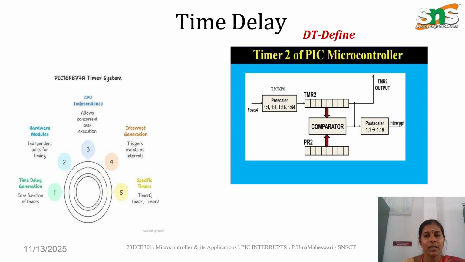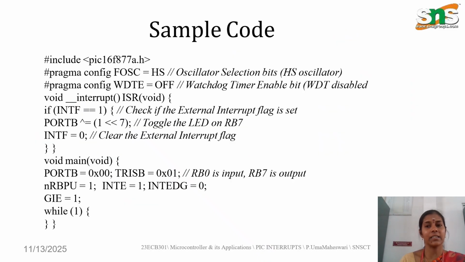Jumping to ISR means the program counter is directed to the address of the interrupt service routine associated with the event. In ISR execution, the ISR code is executed to handle the specific event. How to resume the program: once the ISR has finished, the microcontroller restores the saved state and continues executing the main program from the point where it was interrupted.